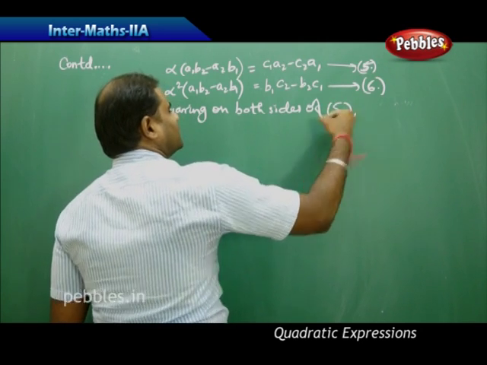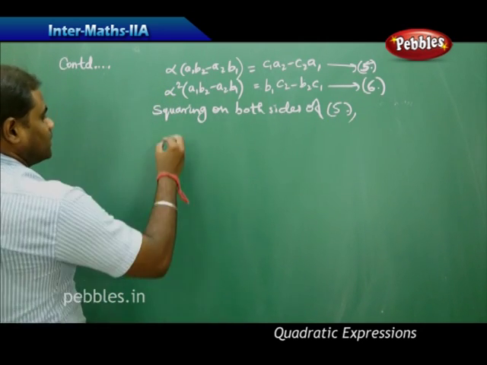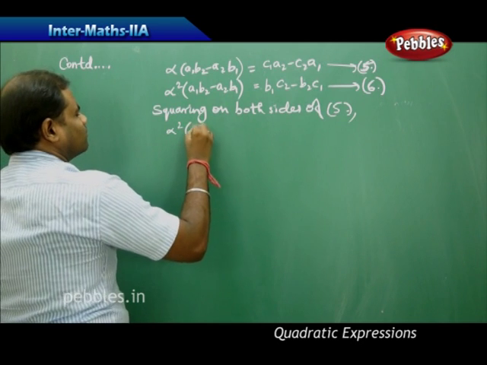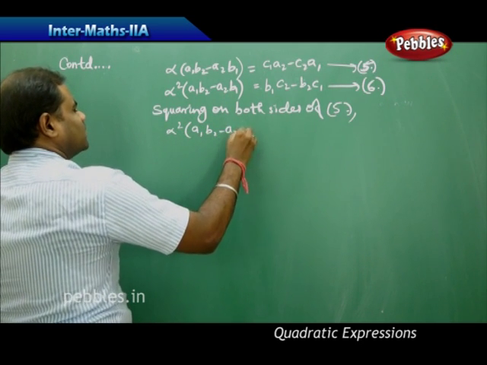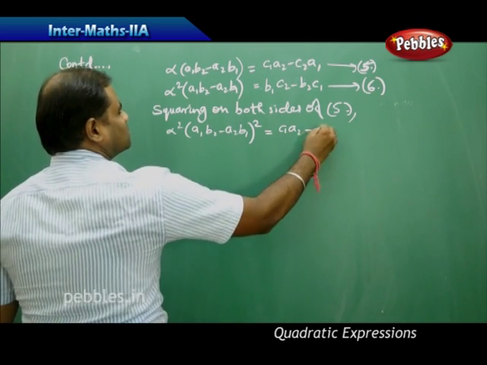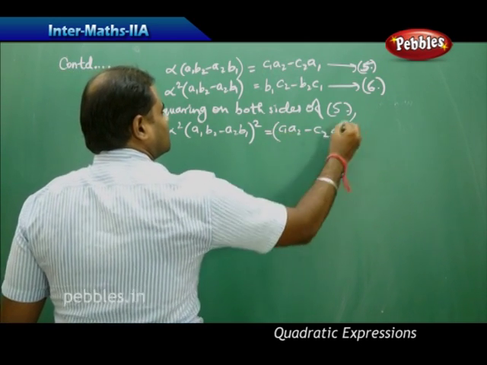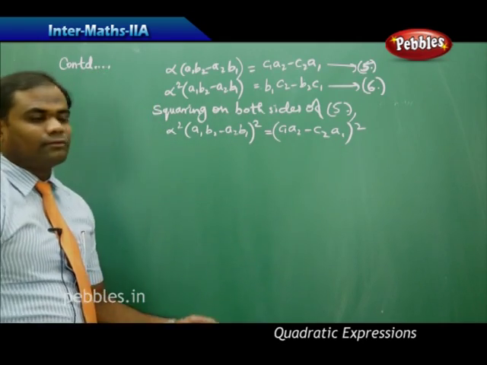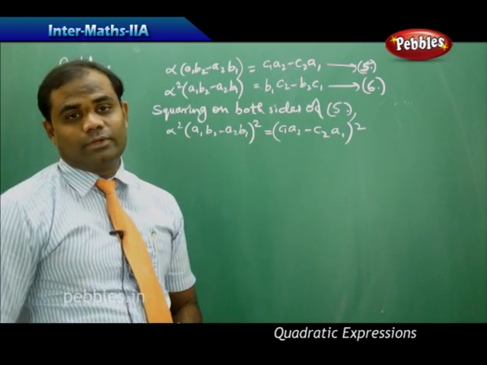On the left hand side I obtain alpha squared times a1 b2 minus a2 b1 whole square, equals c1 a2 minus c2 a1 whole square.